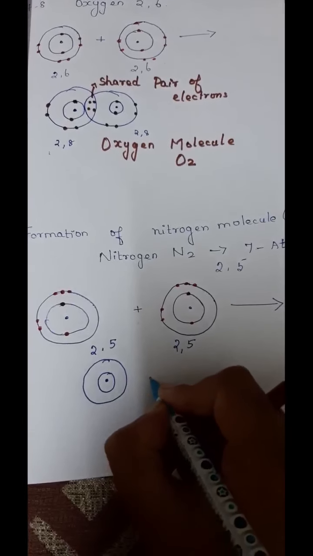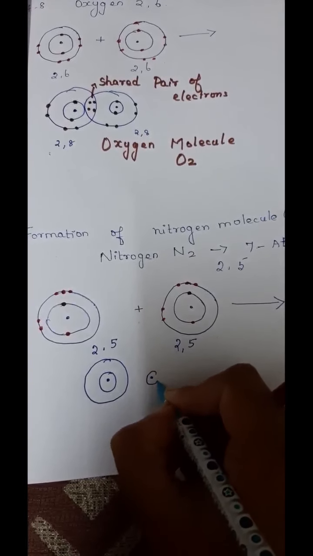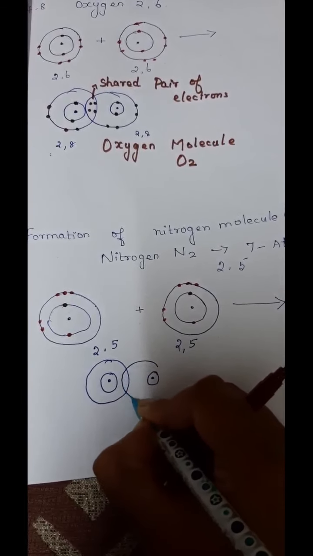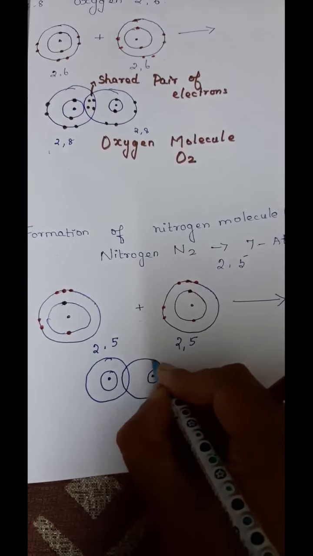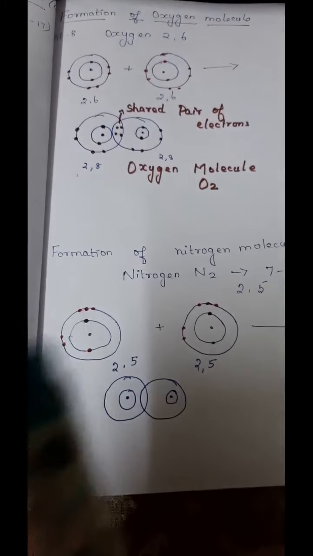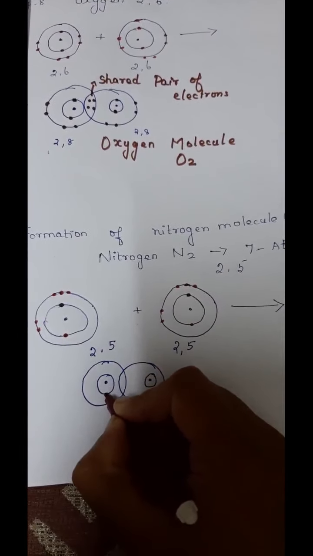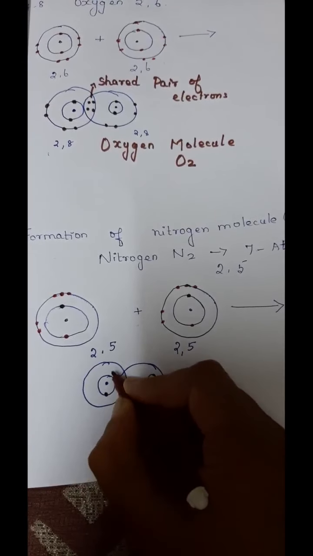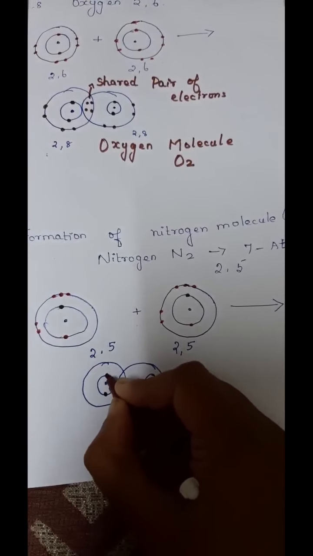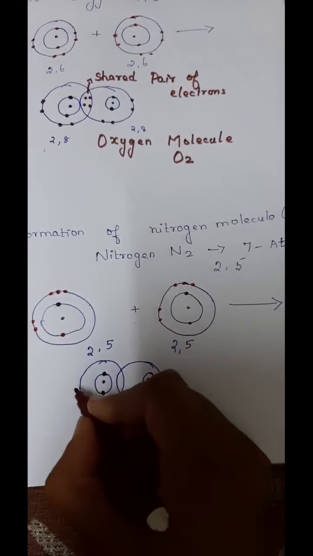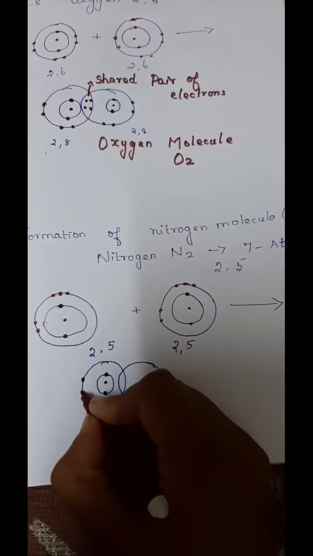Similarly, in the other nitrogen atom, this is your first shell and this is your next shell. Is it clear? So the first shell will be having 2 electrons. This is 1 electron and this is 1 electron. This is 2 electrons. And the next nitrogen, 1, 2.